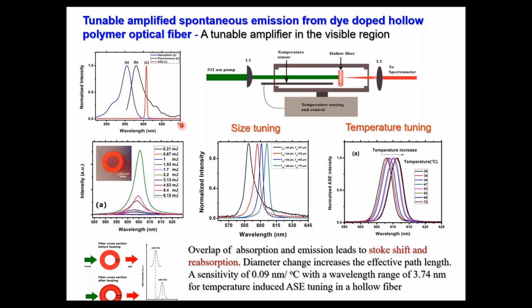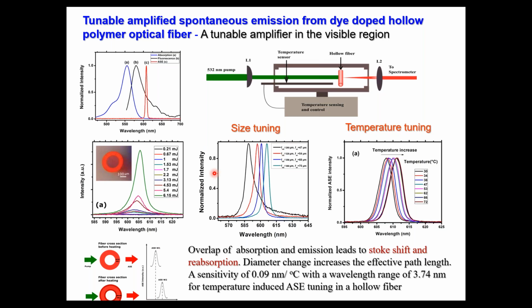emission. So even without expecting any lasing from this microcavity, this is the microcavity that is kept inside this chamber, and you are exciting this with a green laser, and the emission from this microcavity is given to a spectrometer.